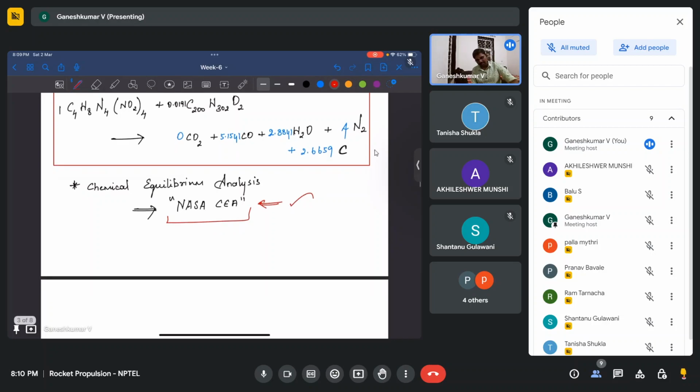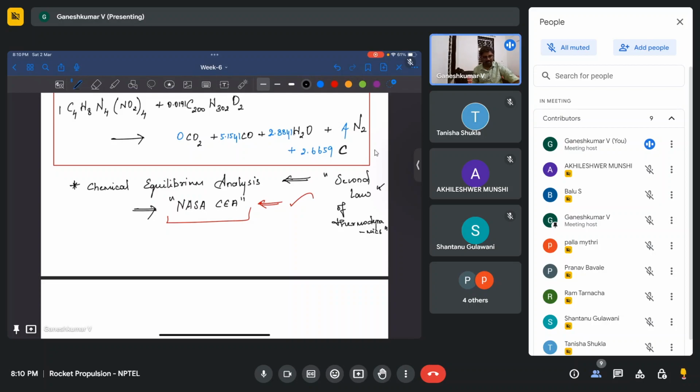This includes Gibbs free energy minimization, where you are using the second law to find out what is the most probable state. Any physical process should obey the first law and second law of thermodynamics.